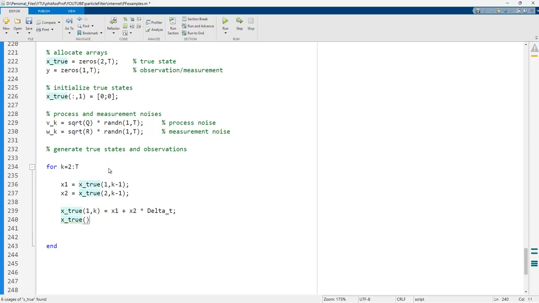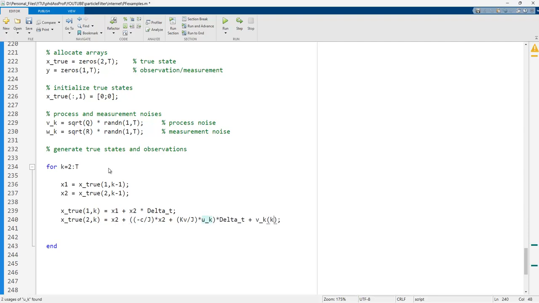And x true 2 at k, just like in the PowerPoint, is x2 plus delta t times the bracket plus vk. Inside we fill in minus C divided by J times x2 plus KV divided by J times uk.